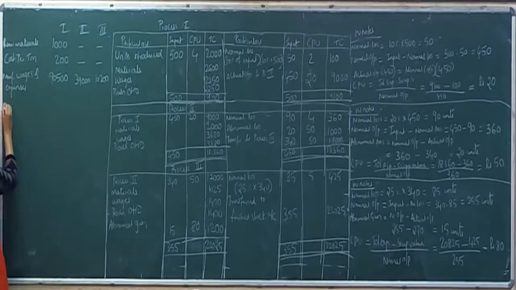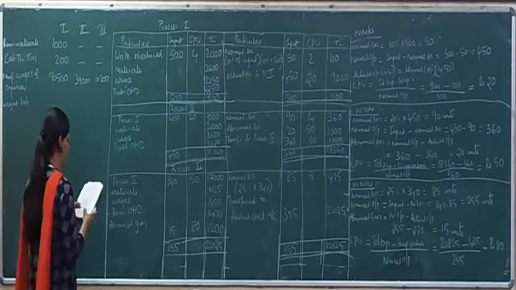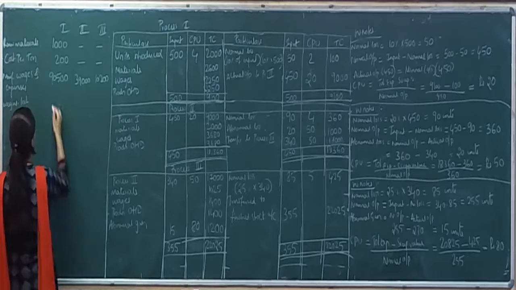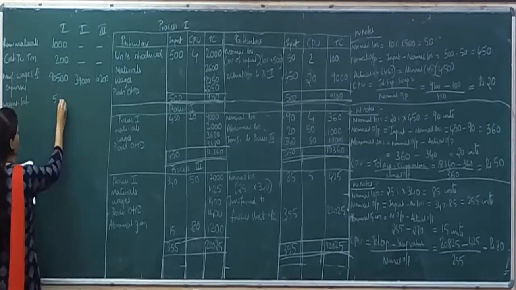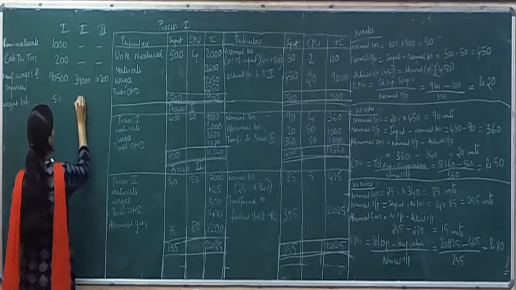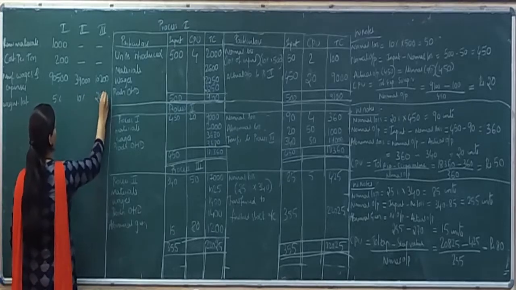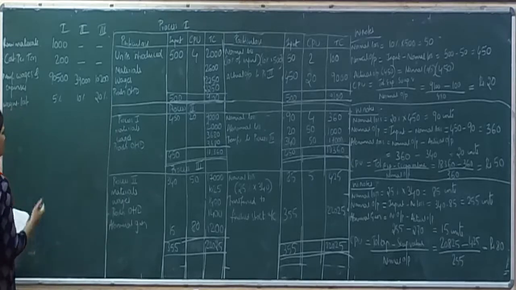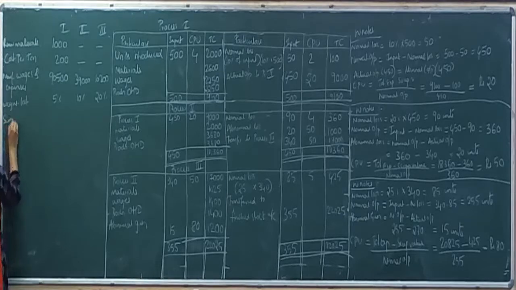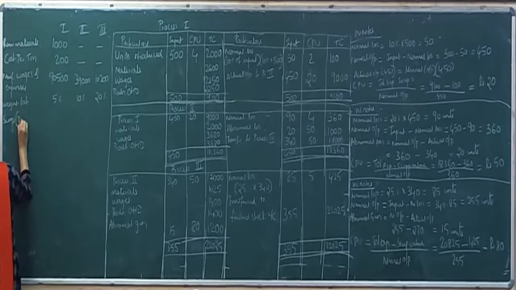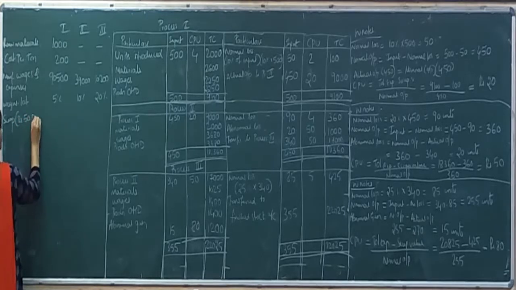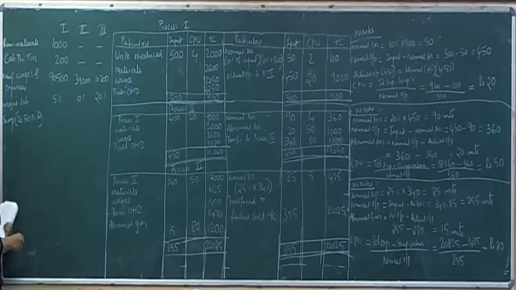Weight loss is nothing but the normal loss, that is percentage of input. This is 5%, 10% and 20% of the input is a loss. And then scrap sale price is rupees 50 per ton.